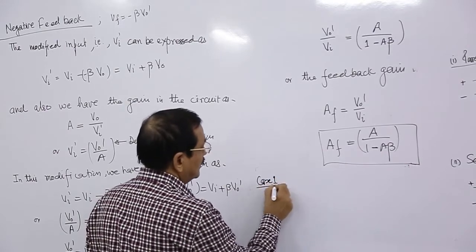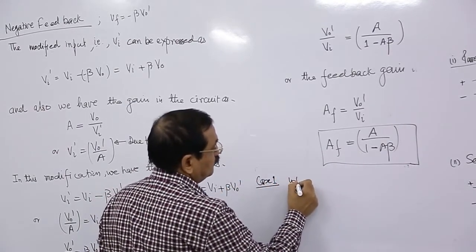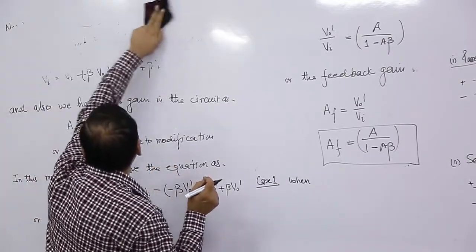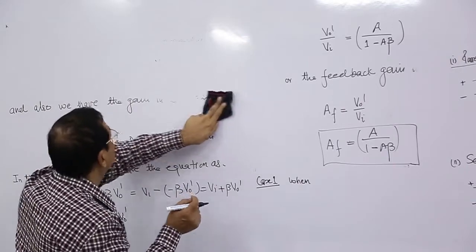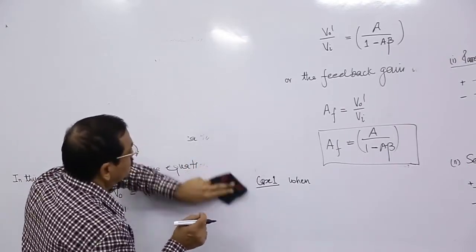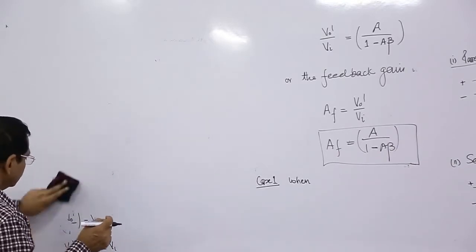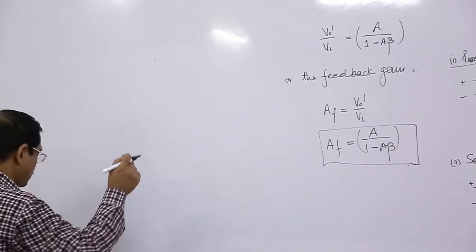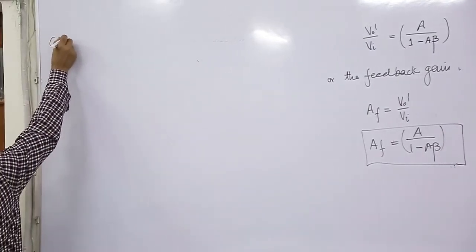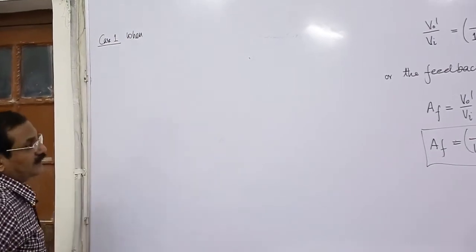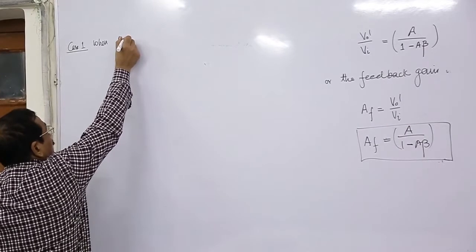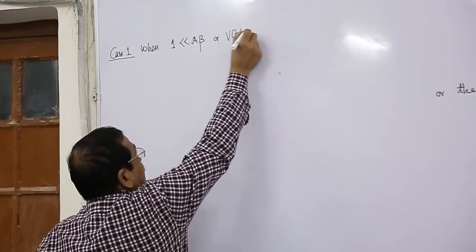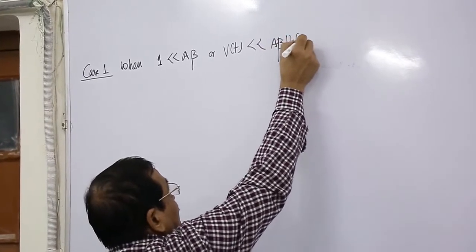We take these as separate cases. Case 1, when 1 is less than A beta, or Vt is less than A beta Vt.